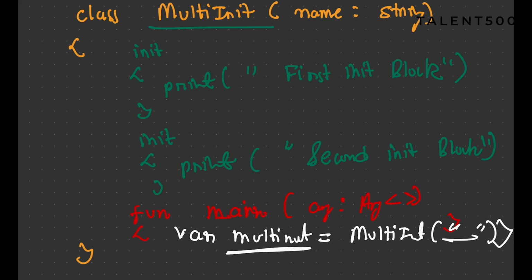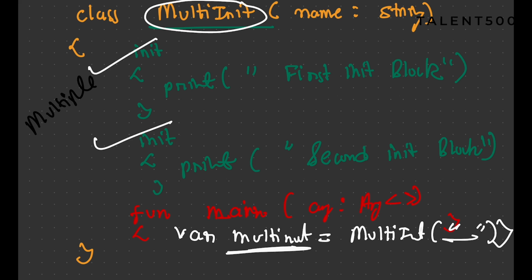So whenever the object of the class MultiInit is created, firstly the first init block will be called, and after that the second init block will be called. This is the syntax to understand how multiple init blocks can be written inside the same class.